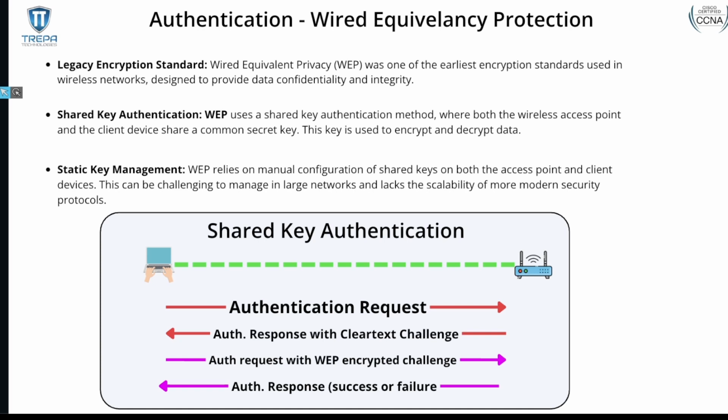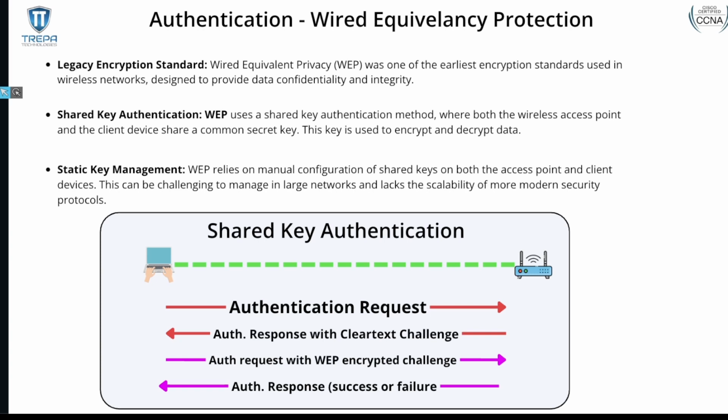So the way it does it is WEP uses a shared key authentication method where both the wireless access point and the client device share a common secret key. This key is going to be used to authenticate and then encrypt and decrypt data. So with WEP, it relies on manual configuration of shared keys on both the access point and client devices.